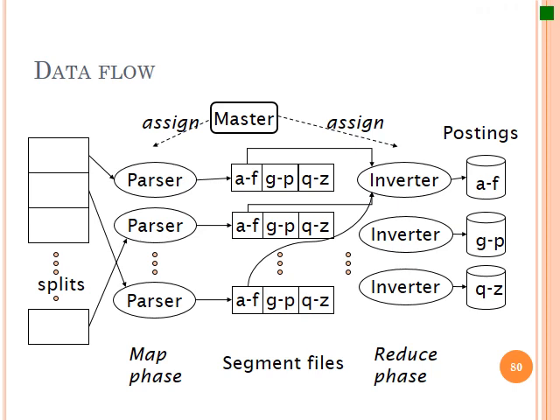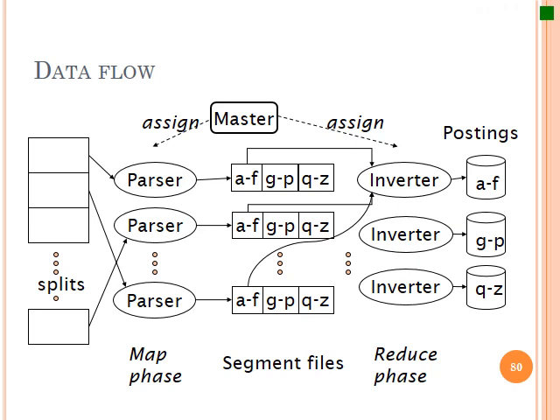So this process can be distinctively divided into 2 phases. The first phase is called the map phase, where you basically map different splits into different parsers. So it's like you're dividing the job and then you assign it to different parsers, and different parsers work on it and get some results. And then the second phase is called the reduce phase.